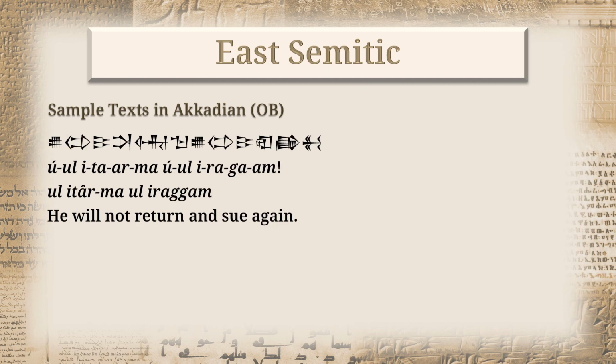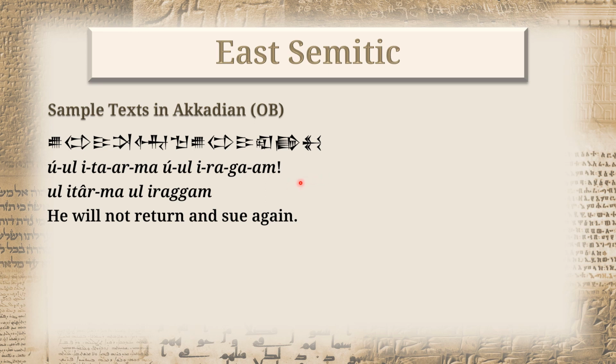Ul-itarma ul-iragam. He will not return and sue again. This sentence comes very often close to the end of these legal process protocols. And there's a scribal error. It says iragamu. The final sign is mu. But because this exact same formula occurs so often, and there's no reason to say mu here, because mu would either be subordinate or plural, which doesn't make sense here.